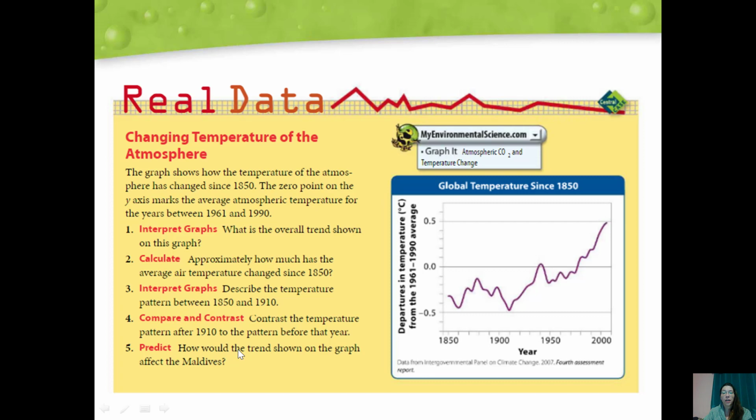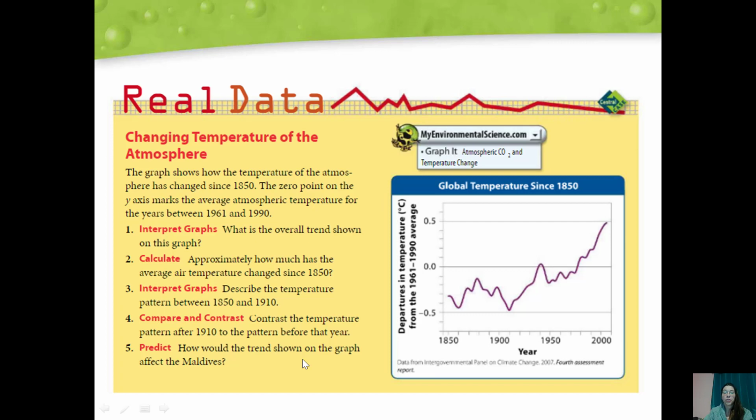Compare and contrast. Number 4, contrast the temperature pattern after 1910 to the pattern before that year. Well, we don't have a lot of data before this, but we can see that although we have increases and decreases, it seems to be rather stable. But after this 1910 cutoff, we are seeing a steady increase in temperature.